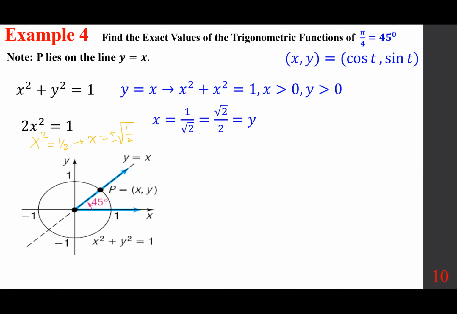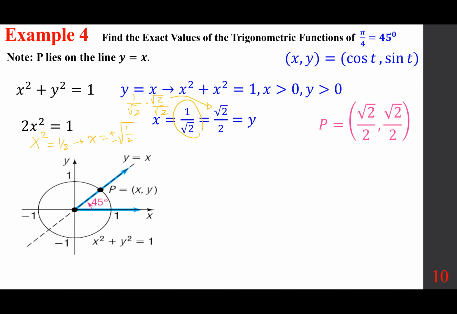If you rationalize, it gives you this answer. And because x is equal to y, both of them have the same value. So P has coordinates that are identical.